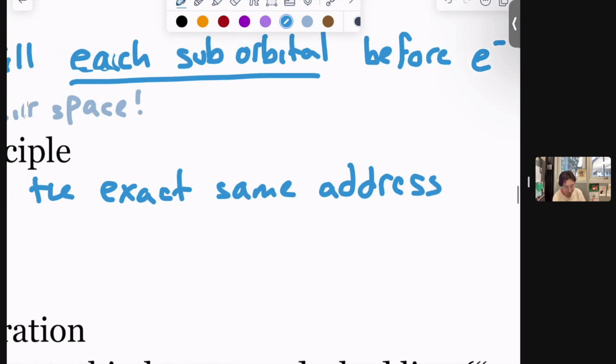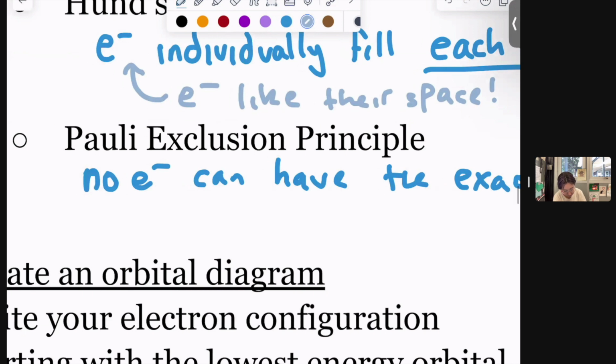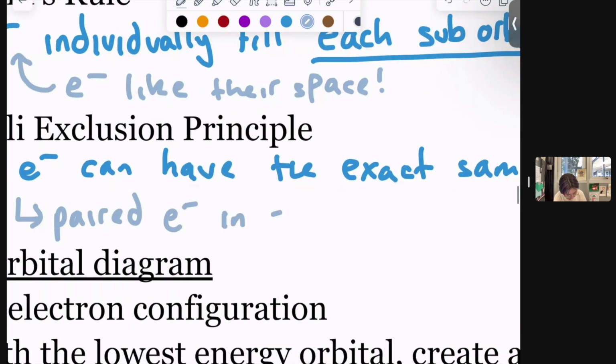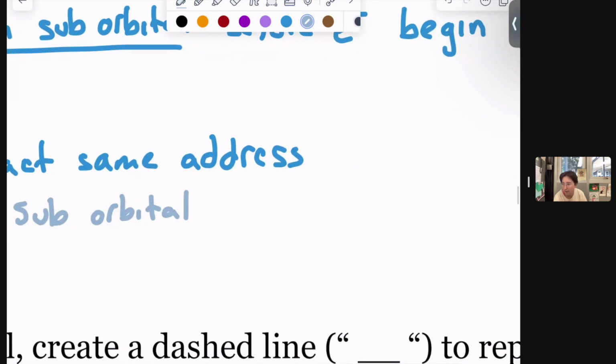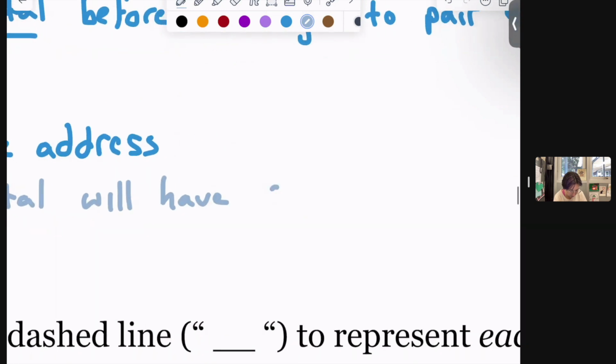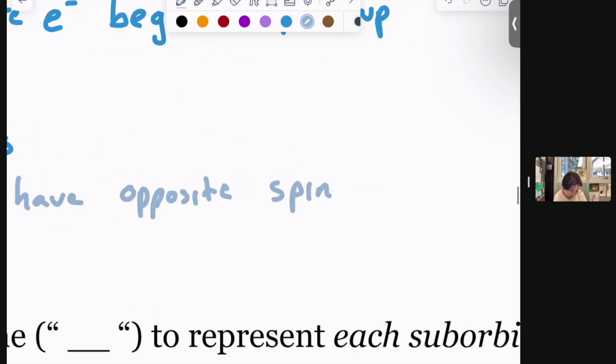So what that comes down to, what you're going to see, is that when I start pairing up my electrons, when I put them in the same space, in the same suborbital, we'll have opposite spins. So one is going to be up and one is going to be down.